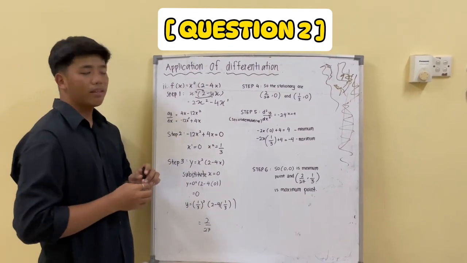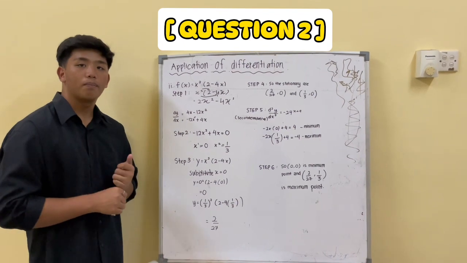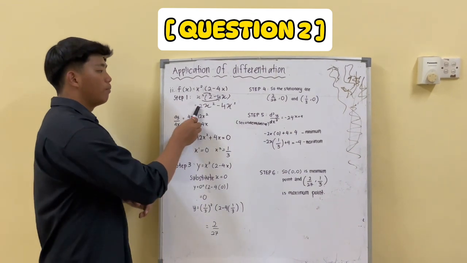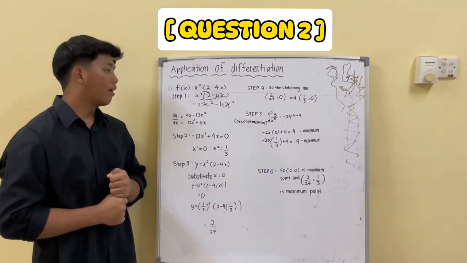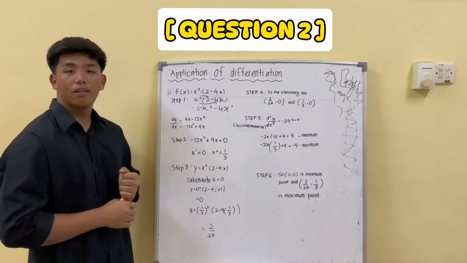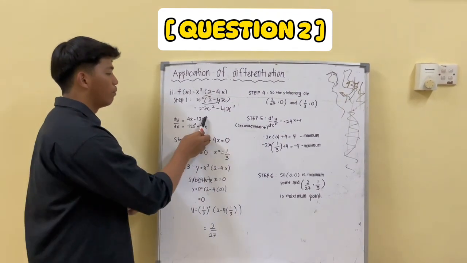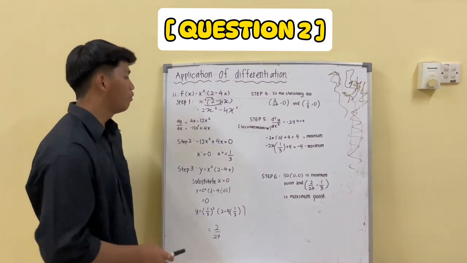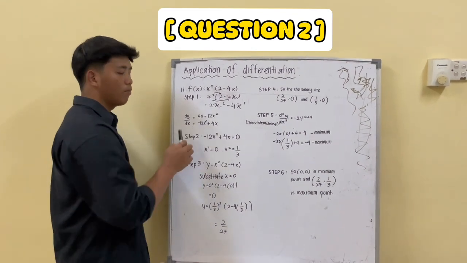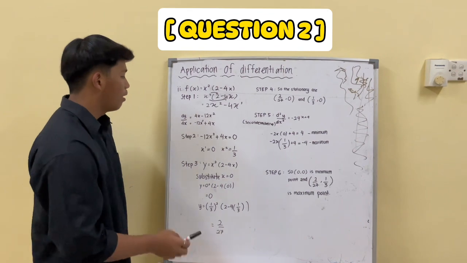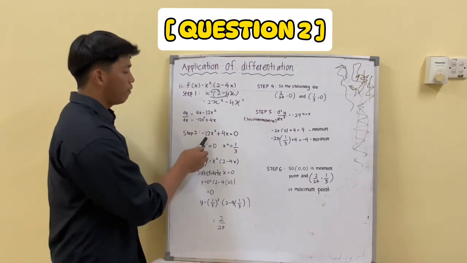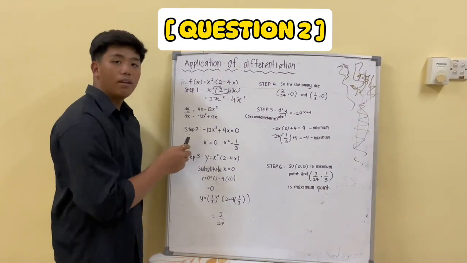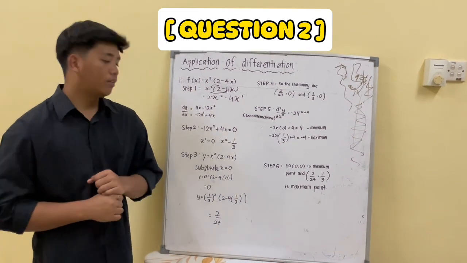So we get 2x² minus 4x³. dy/dx, differentiate from 2x² minus 4x³, we get 4x minus 12x². So 12x² we bring to the front and 4x we bring to the back. In step 2, minus 12x² plus 4x equals 0. x1 we get 0, x2 we get 1 over 3.